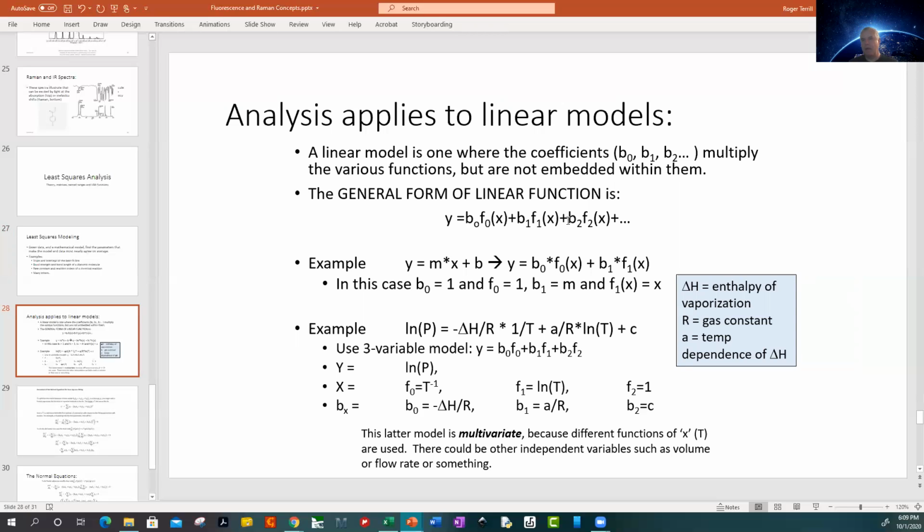So really what you need is just Y data and X data, or alternatively, you could have Y and F0 of X, Y and F1 of X, and Y and F2 of X. So you don't actually even need to know the functions, so long as the only thing you're doing is multiplying by B0 and B1 and B2.